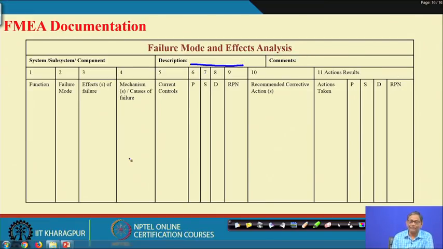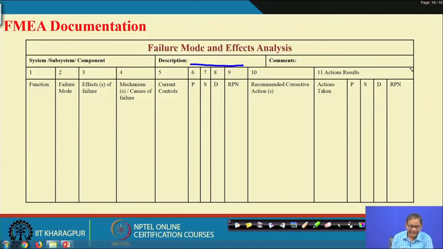Usually FMEA at the component level we do when we go for hardware based breakdown, that is bottom up approach. But if you go by functional case, then a subsystem function also you can take and accordingly you give comments, but that functional breaking down although requires some time, it is difficult to find out the failure modes and the other parameters.